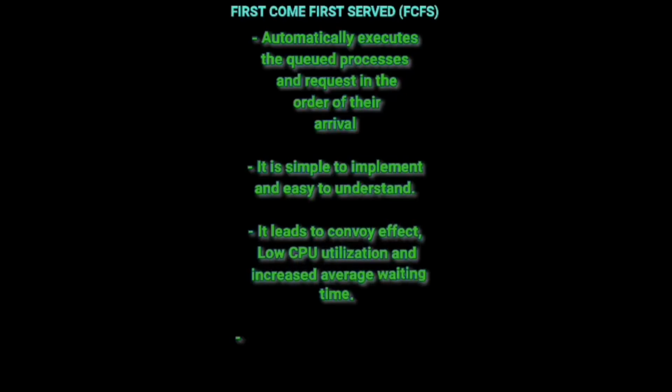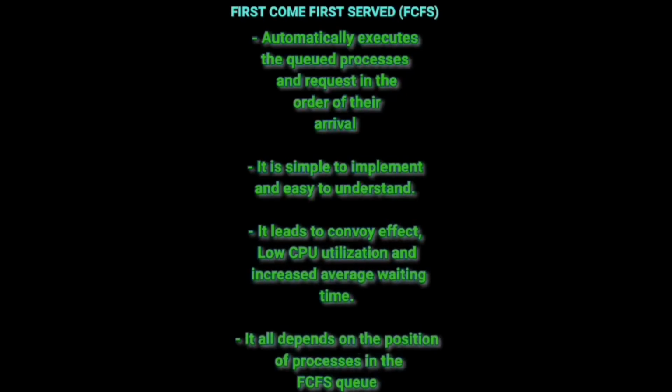First come first serve automatically executes the created processes and requests in the order of their arrival. It is simple to implement and easy to understand. However, it leads to convoy effect, low CPU utilization, and increased average waiting time.